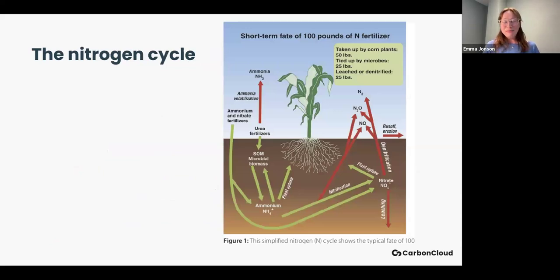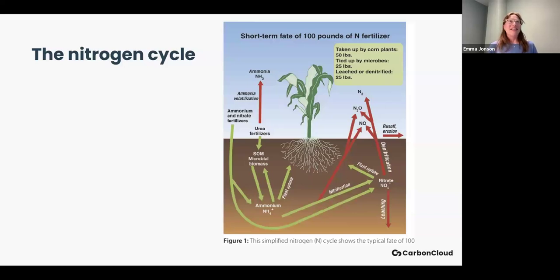Let's look a little bit deeper into the generation and emission of nitrous oxide. This is the most, or the more complicated part, I would say, of the farm gate footprint. So as you probably know, nitrogen is a limiting factor to crop growth.